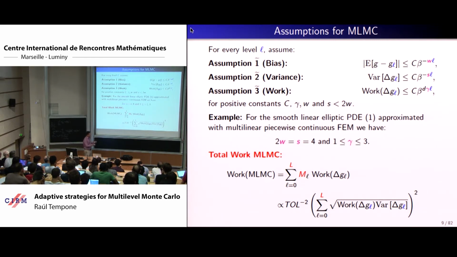Maybe you don't know them precisely a priori, but they're given. So, and this is a sum of positive terms. So, first thing that you observe is that when the tolerance goes to 0, L has to go to infinity, right? Is it clear why?